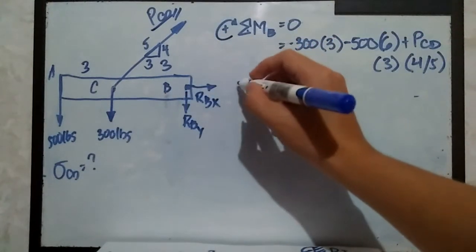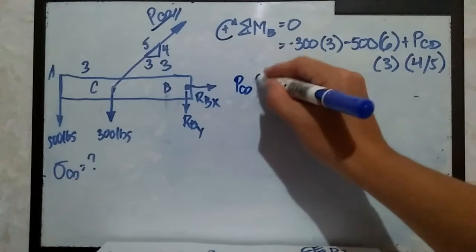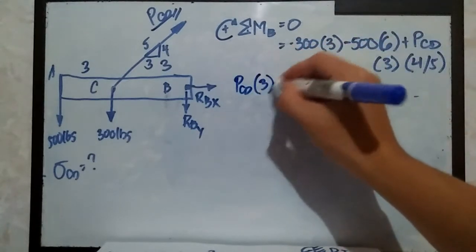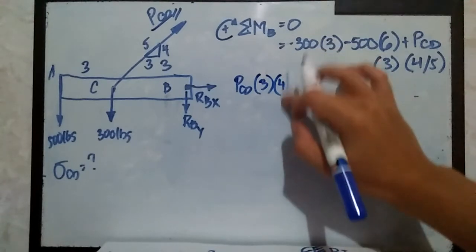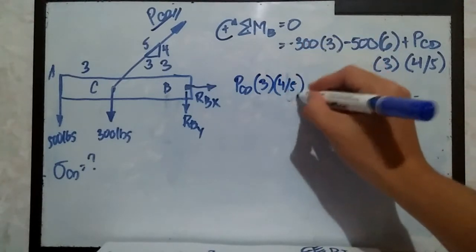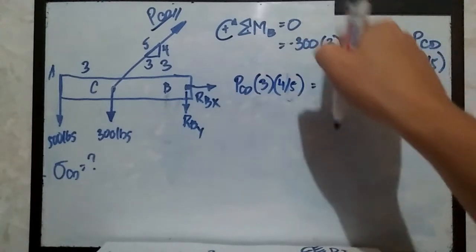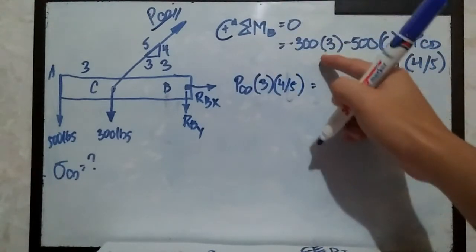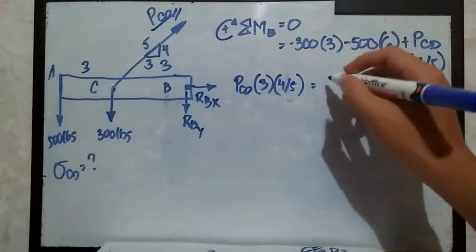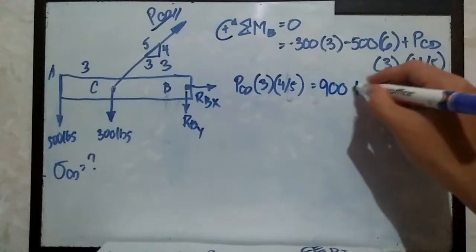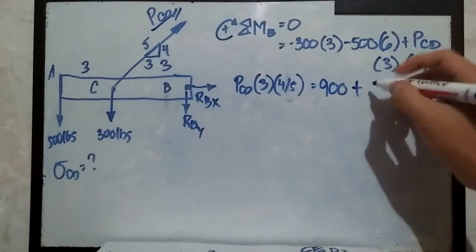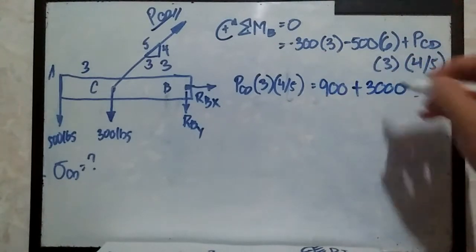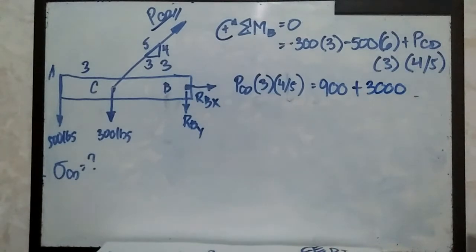By doing that, it should be like this, P sub CD multiplied by 3 multiplied by 4 over 5 equals, transposed from negative becomes positive, this one 900 plus this one 6 multiplied by 5 is simply 3000, right? 3000. So upon simplification, it's all about just basic algebra.